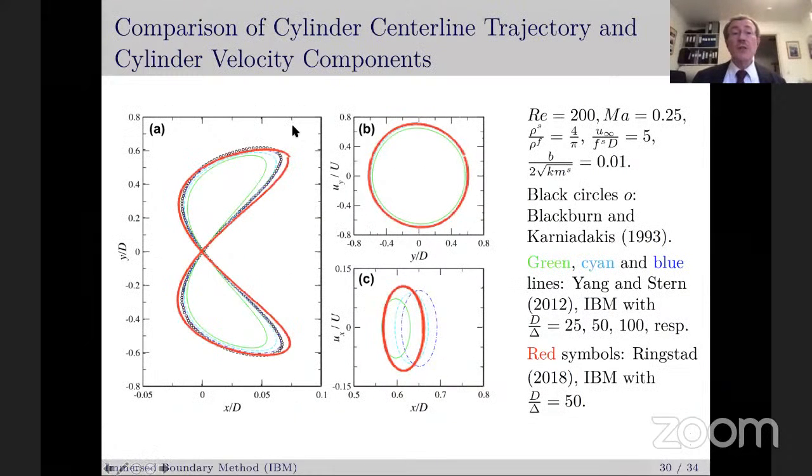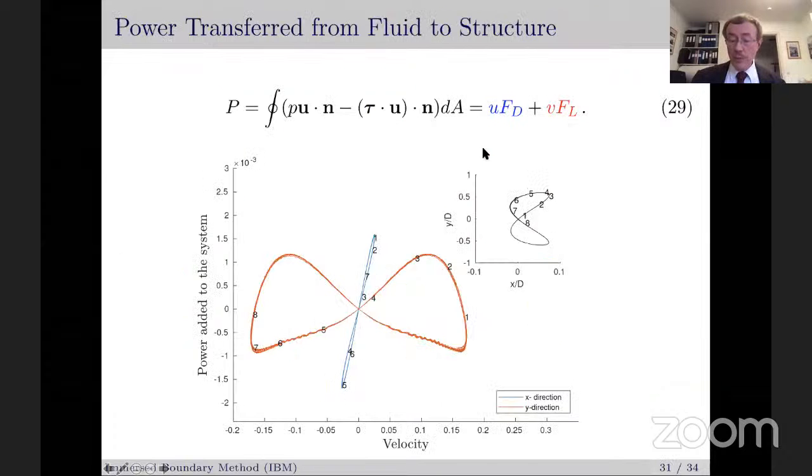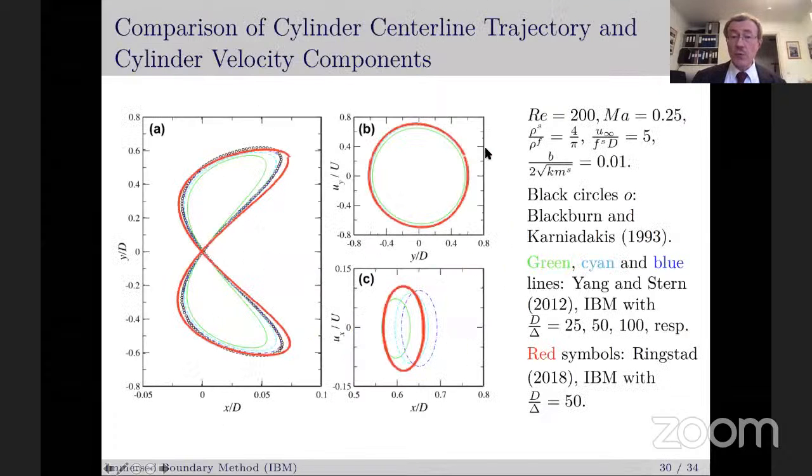We applied this to a problem from literature, and that is for a Reynolds number of 200, a Mach number of 0.25.